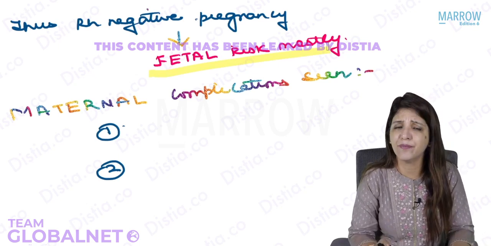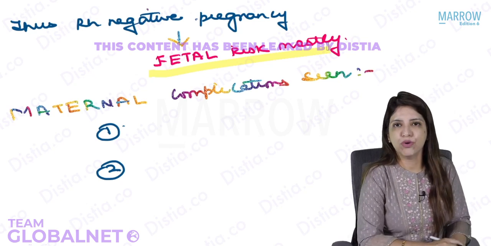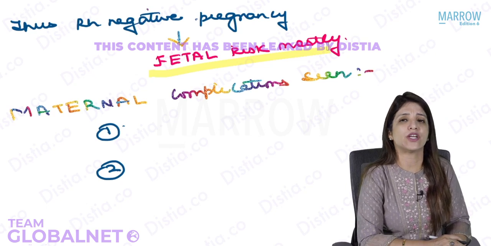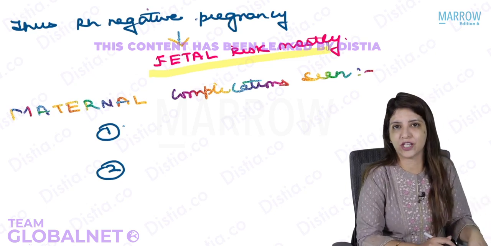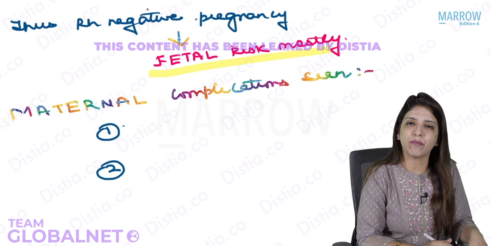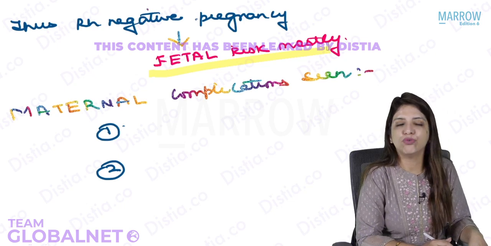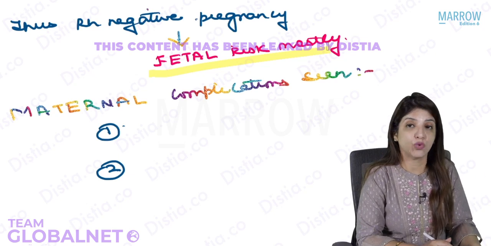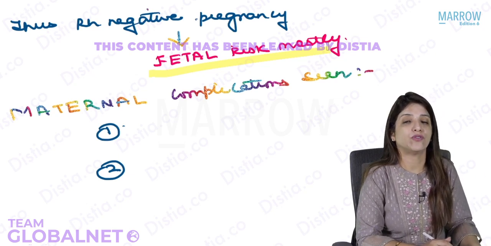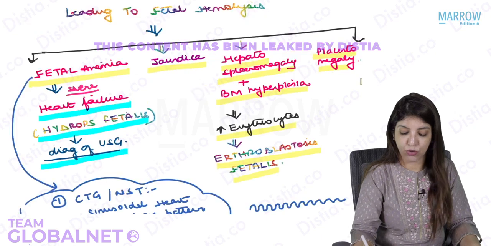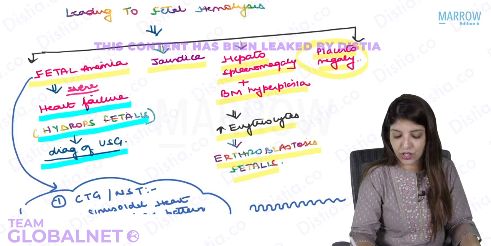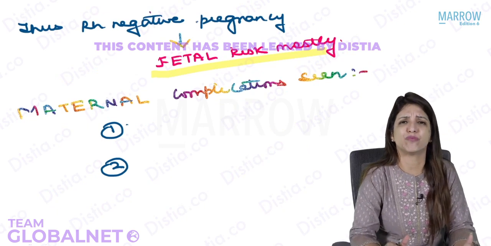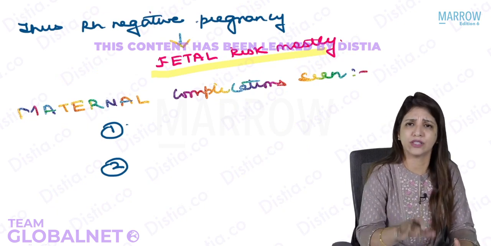Till here it is clear? So now if I ask you, can you think of any complications which happen in the Rh negative mother because of Rh negative pregnancy? If you remember my previous lectures, in the video on placentomegaly I told you that Rh negative is one of the reasons for placentomegaly, and just now I also told you that. Whenever we say Rh negative pregnancy in general, I am talking about the isoimmunized case.